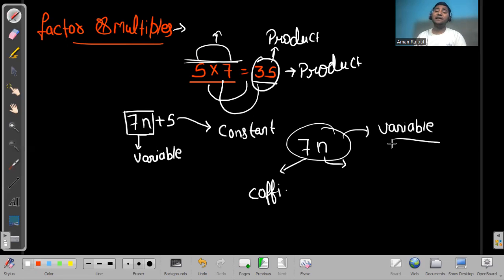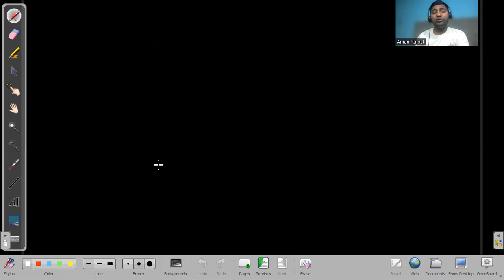Let's try to understand its types. The types are totally based on the number of terms. There are basically 4 types.